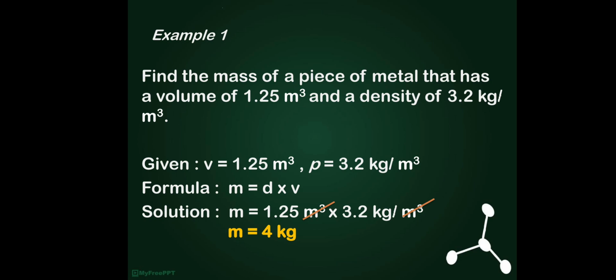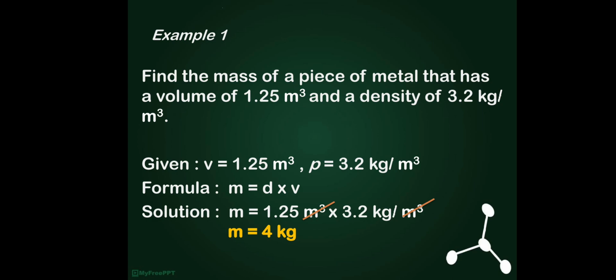Okay, given the volume, of course, 1.25 cubic meter, and for density there is also a given, 3.2 kilogram per cubic meter. What we're looking for here in question number 1 is the mass. The formula for the mass is mass equals to density, sorry, P, density multiplied by volume. The solution is very simple: just multiply and cancel those units that are the same, then iiwan yung naiwang unit.